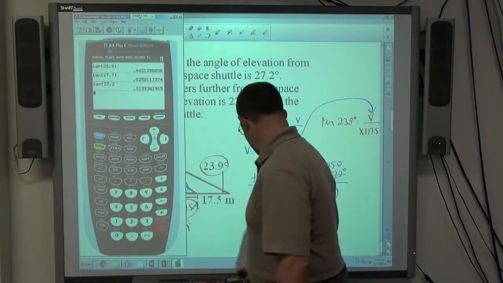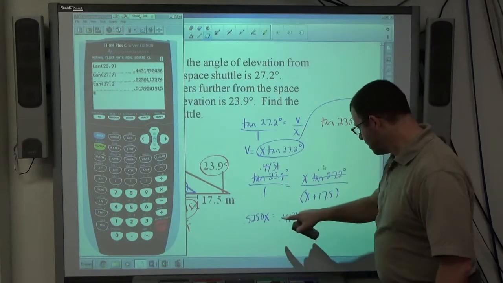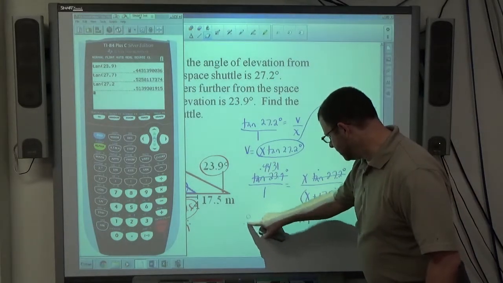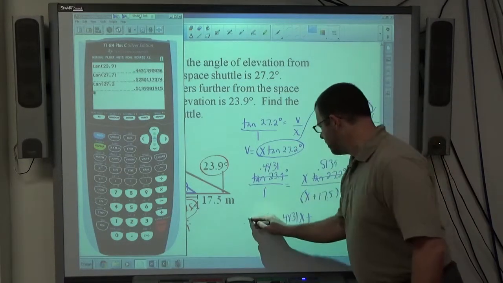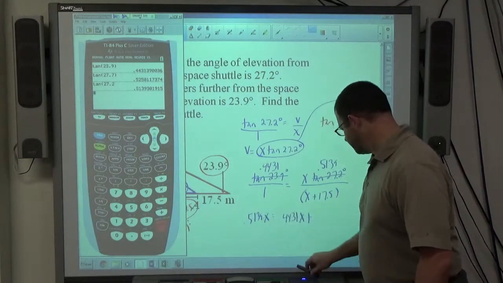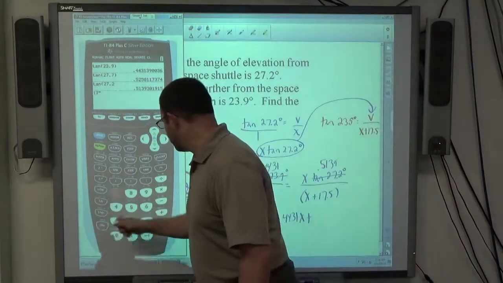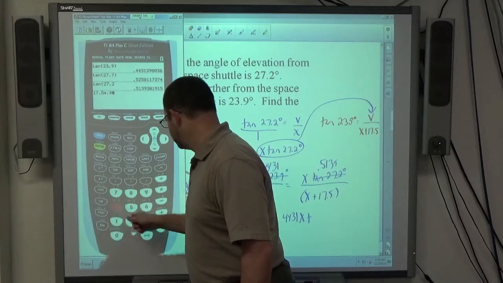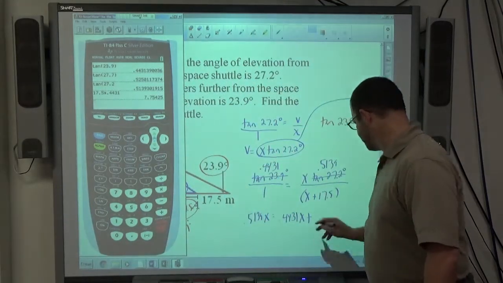Let's go with 0.5139, which might help us get the right answer. So 0.4431x, and 0.4431 times 17.5 comes out to 7.7543.